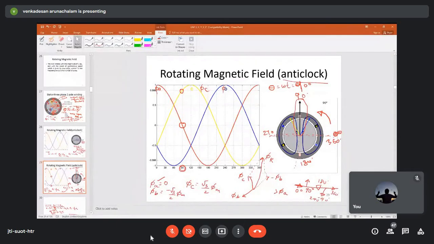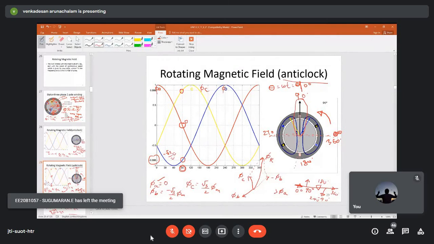Just here you can see, when 90 degree, your phi a is 0, and phi b is minus 0.866, which is nothing but minus root 3 by 2 times phi m. And this one is plus root 3 by 2 times phi m. Root 3 by 2 is nothing but 0.866.